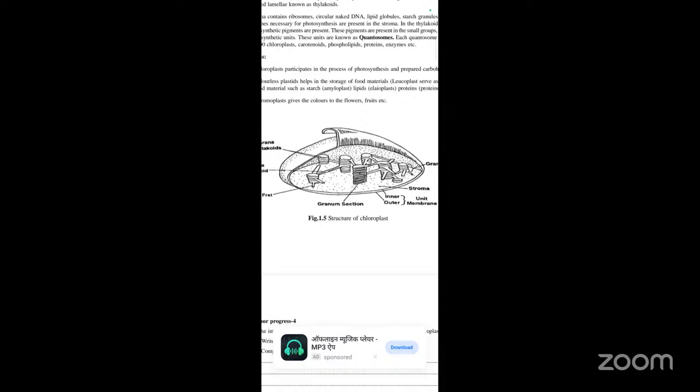Lipids in the plasma membrane are present in the form of phospholipids and glycolipids. Each phospholipid molecule consists of a head and a tail region.